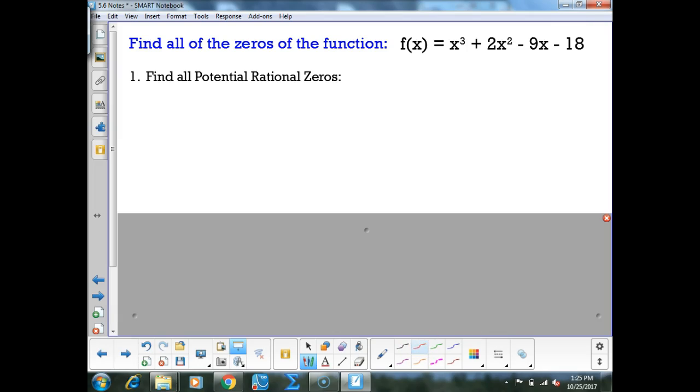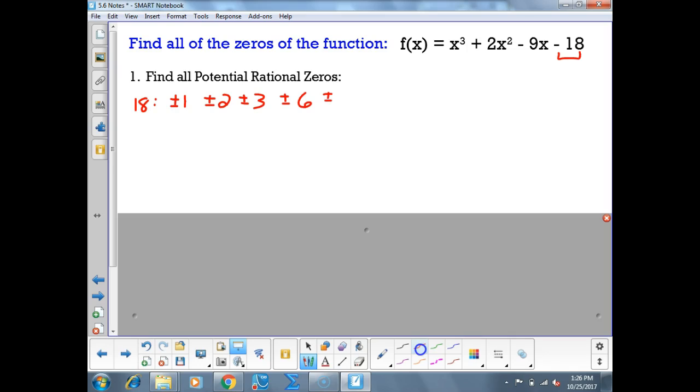So I look at this number, 18. What are the factors of 18? 1, 2, 3, 6, 9, 18.